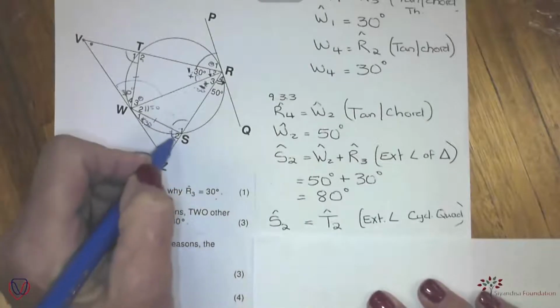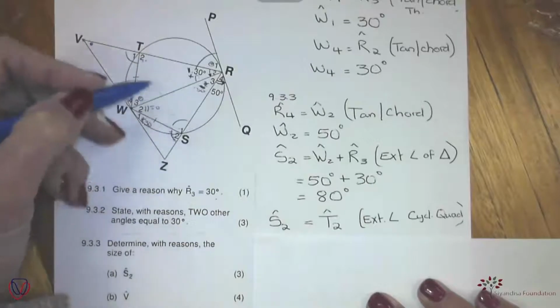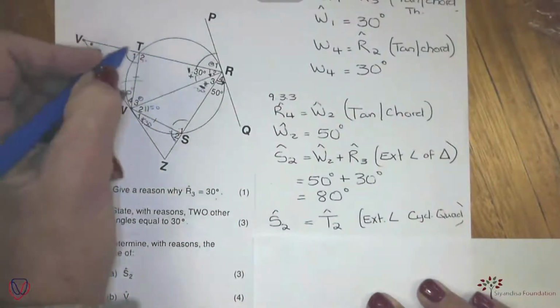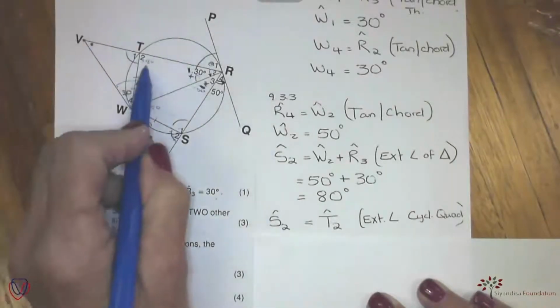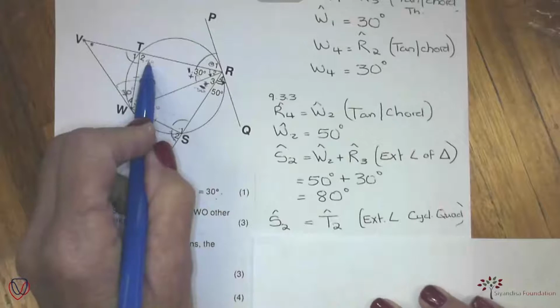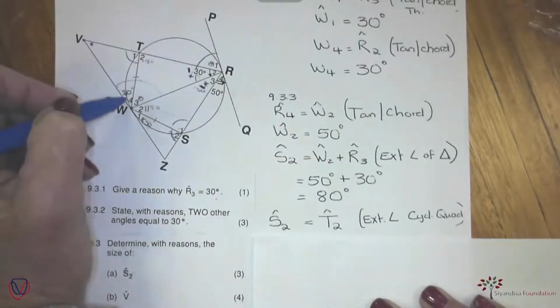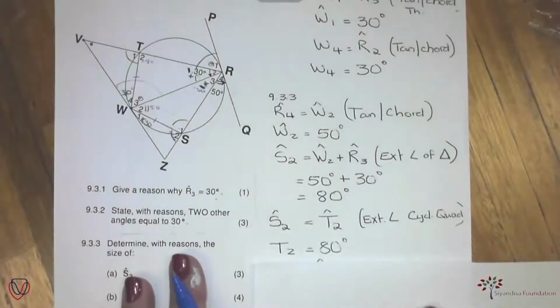Therefore, S2 will be equal to T2, exterior angle equals opposite interior angle. Have you got that? So that one will also be 80. This angle is the exterior angle of the triangle, that one plus that one. In other words, S2 is T2, so T2 is also 80.